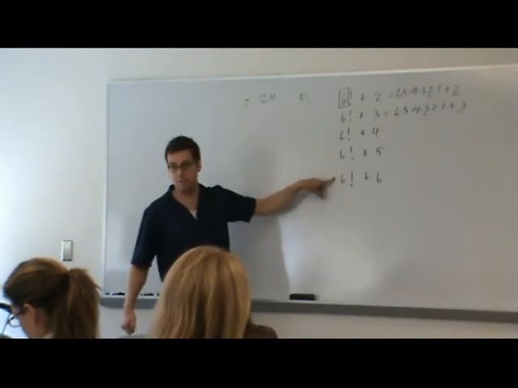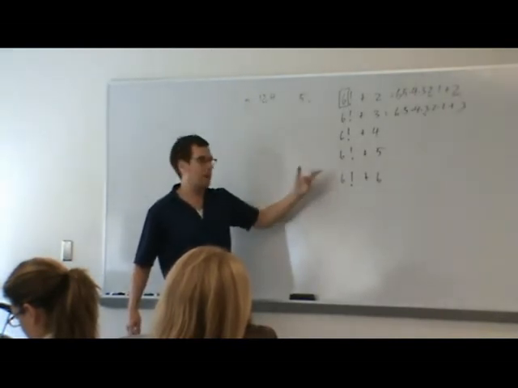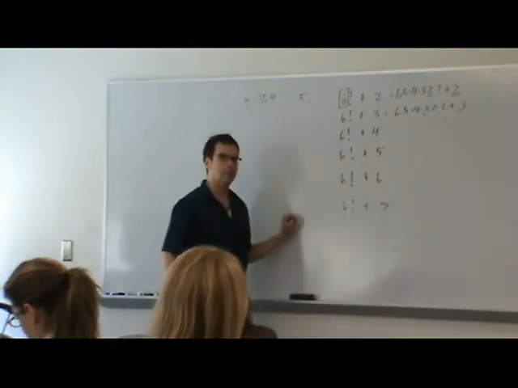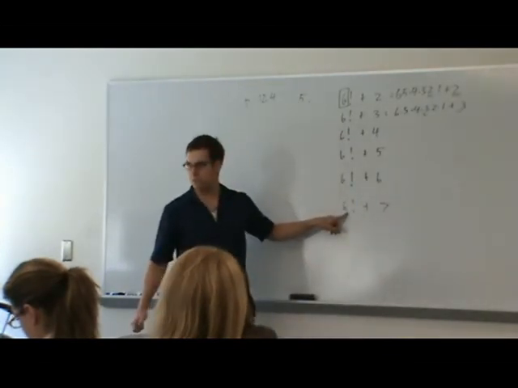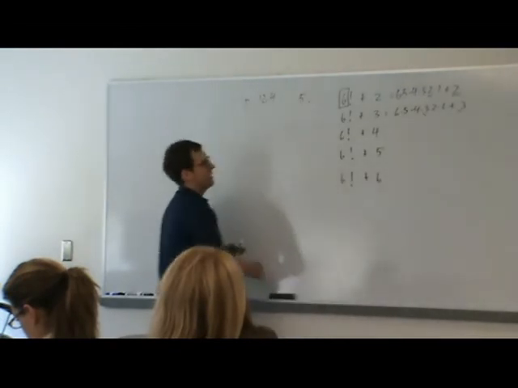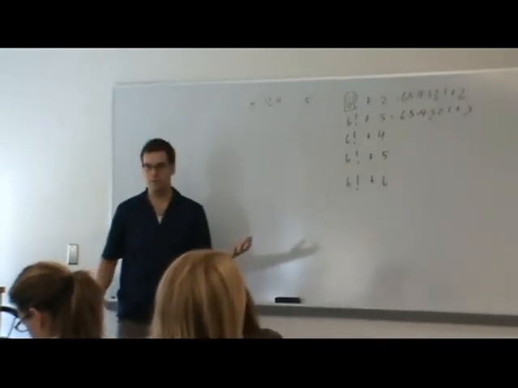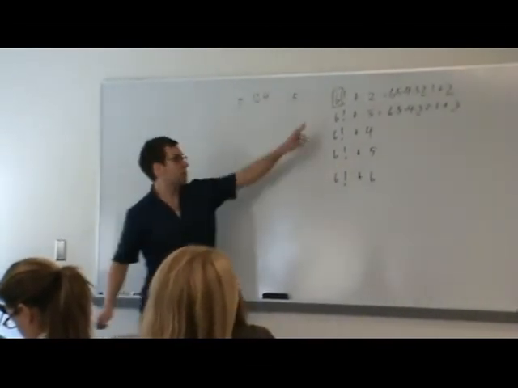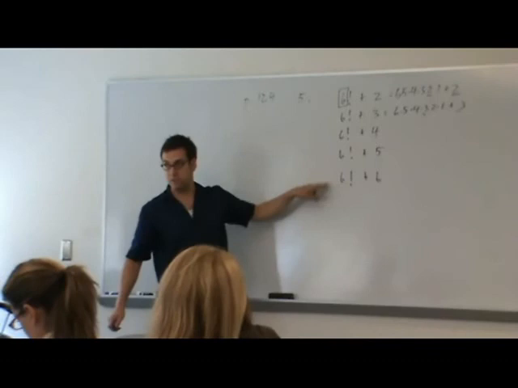And 6 is a factor of this, so it's not prime, right? Now, can I do this with 6 factorial plus 7? No, because 7 is not a factor of 6 factorial. So I'll stop. But what I have written down is a sequence of 5 consecutive numbers, none of which are prime, because 2 goes in here, 3 goes in here, 4 goes in here, 5 goes in here, 6 goes in here.